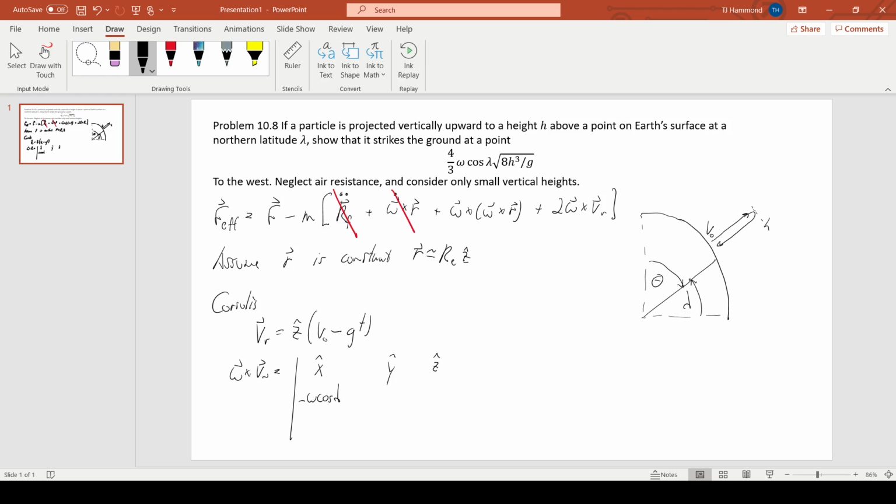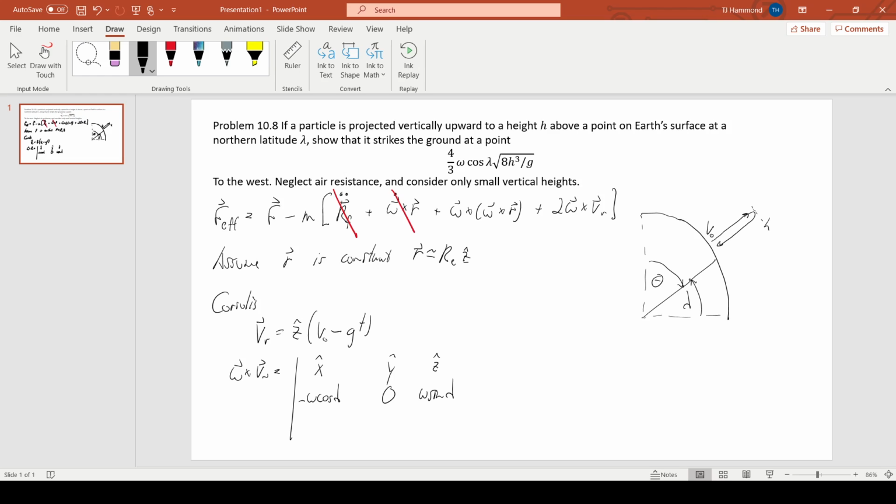The component of omega in the x direction is minus omega cos lambda, as we calculated in class. The y component is 0, and the z component is omega sine lambda. We calculated that in class, and so we never have to really calculate that again. You just have to know that that's what the answer is.